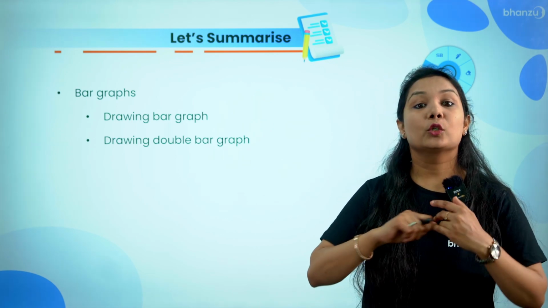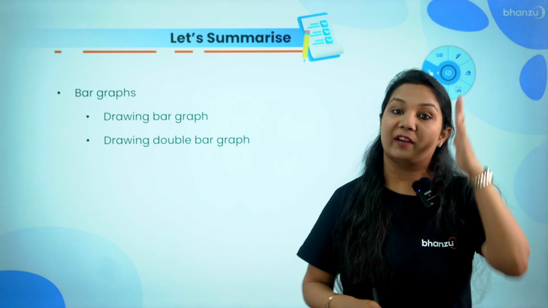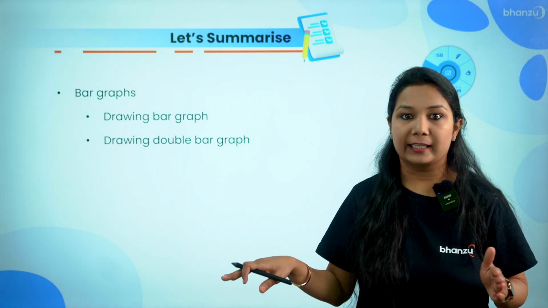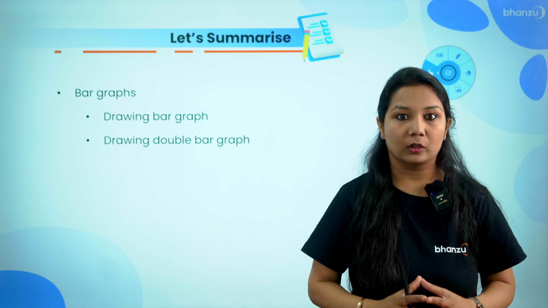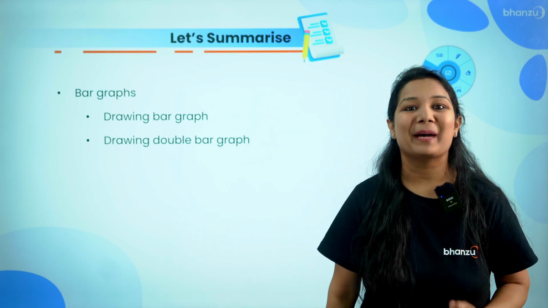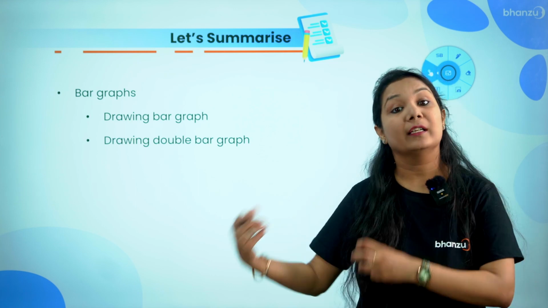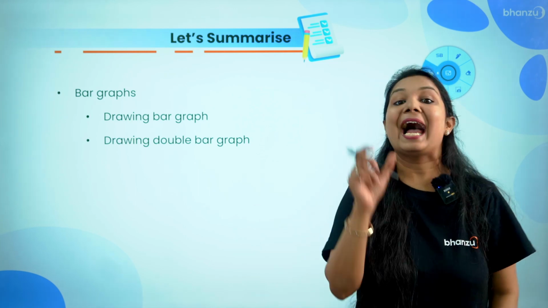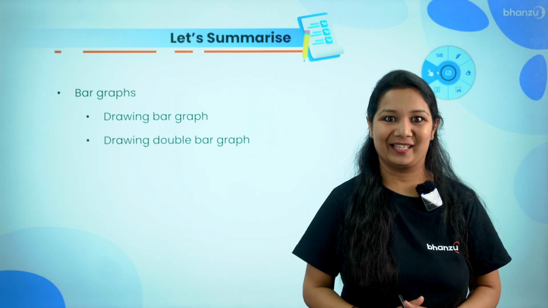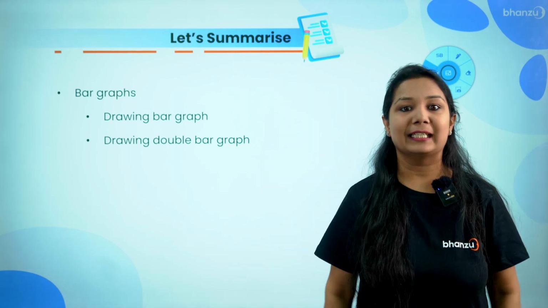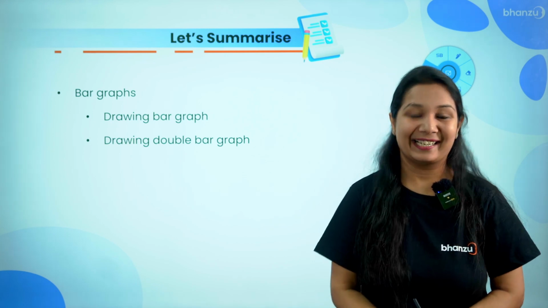Then we draw the numerical values on the y-axis, the categorical data on the x-axis, and start drawing the bars. When we draw the bars, do not forget to keep in mind that the width of each bar should be equal and the distance between two bars should also be equal always. And the most important thing, always use a pencil and a scale.